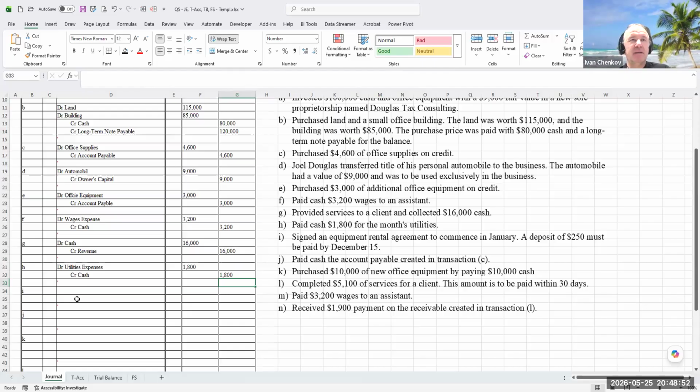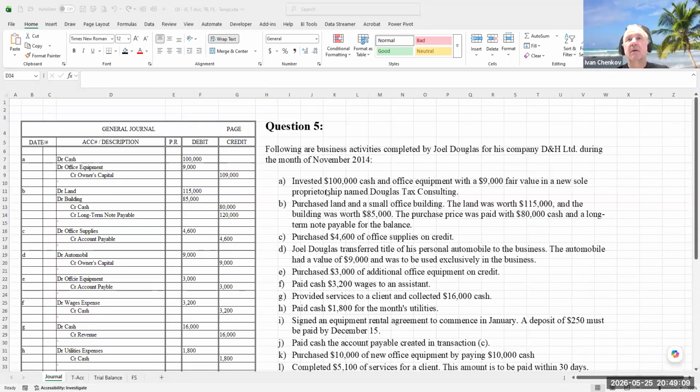Okay, let's go with letter I. Now we signed an equipment rental agreement to commence in January. The deposit of $250 must be paid by December 15th. Which month are we in? We are in November.